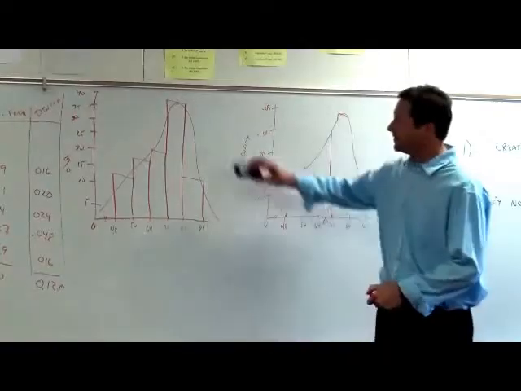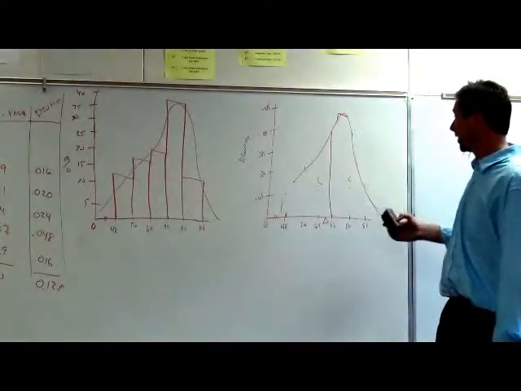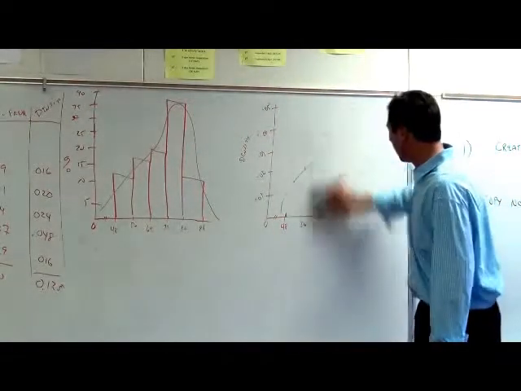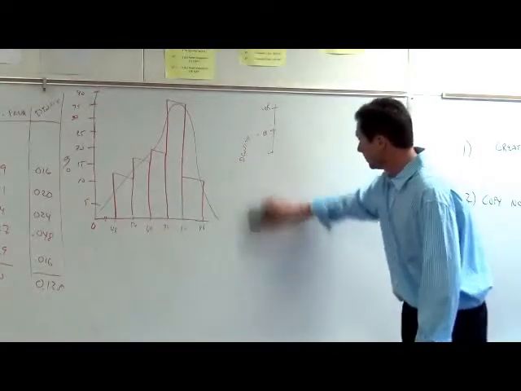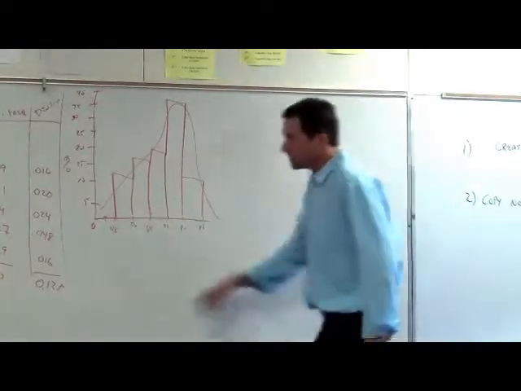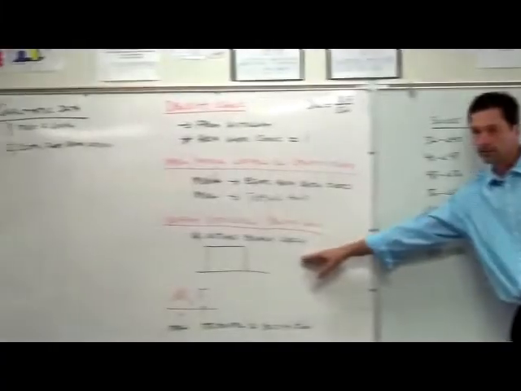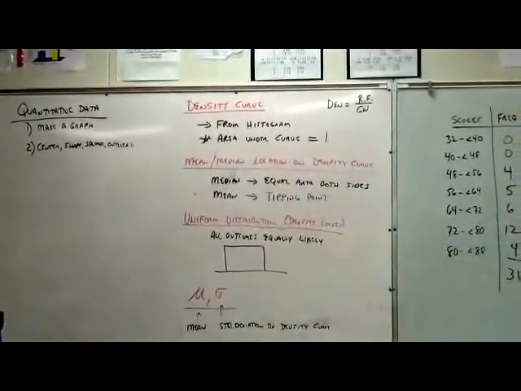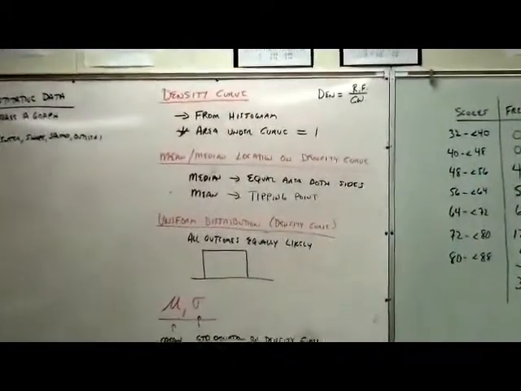All right, as I said, these are kind of looking like normal curves. We're going to talk about that tomorrow, but right now I want to talk about another special kind of density curve. It's called a uniform distribution. Looks like this.